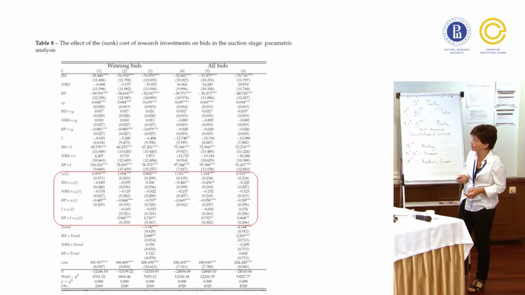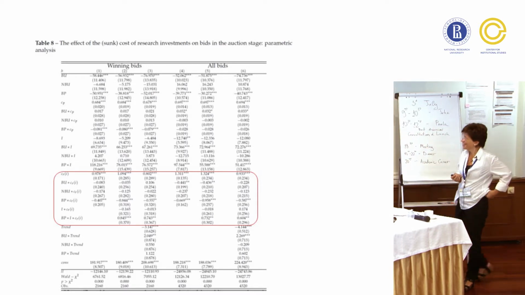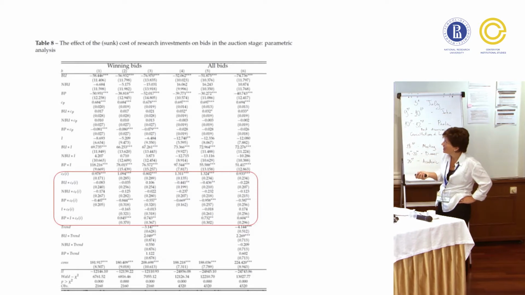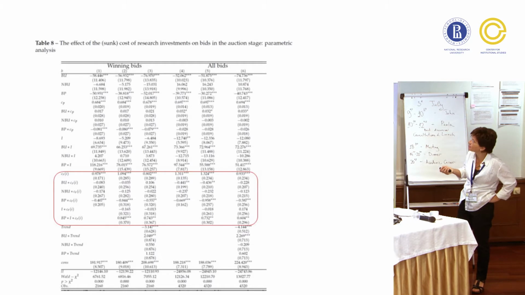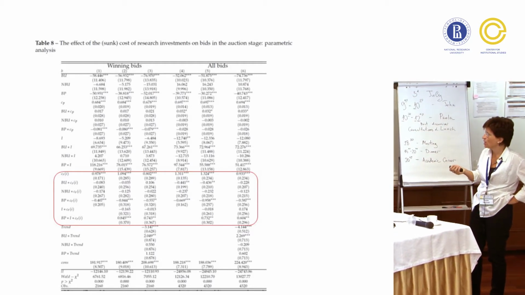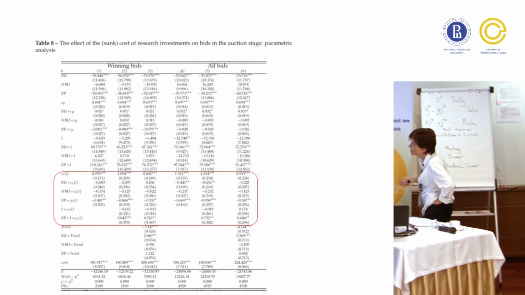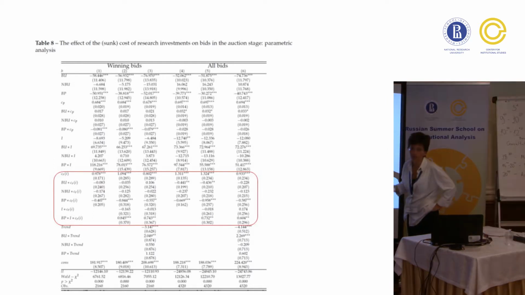How can we show this? Obviously, as John would notice, this is not really clear to see, but this is the same table I showed before about the research investment decision and the bids. What we did here, we just included the cost of investment, okay?